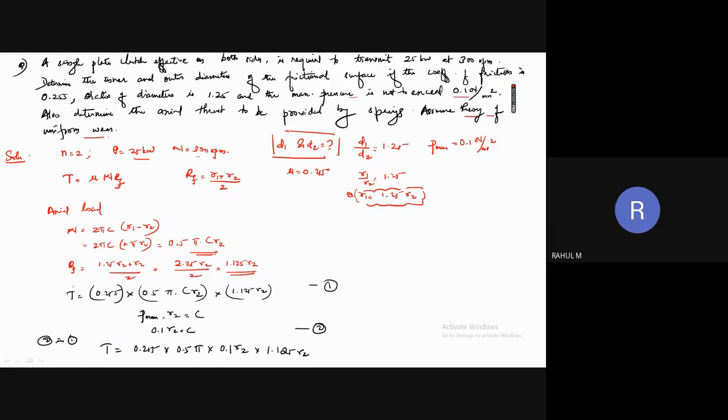Your power value is given. Power transmitted is given, which is 25 kilowatt, and N is 300 RPM.